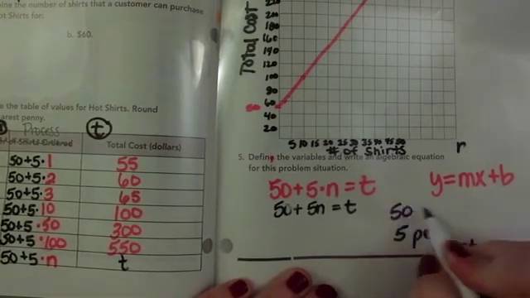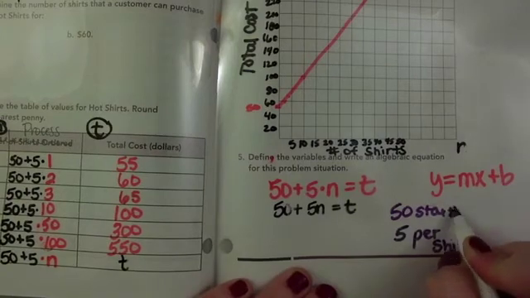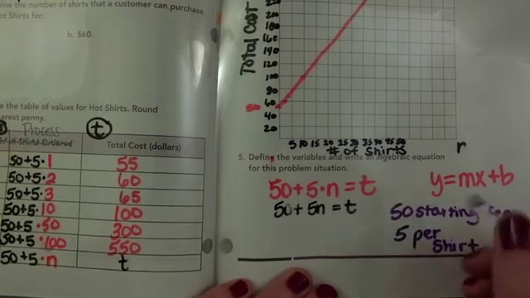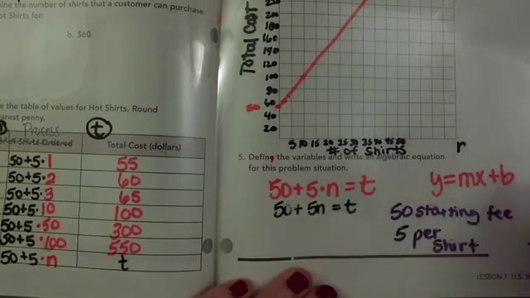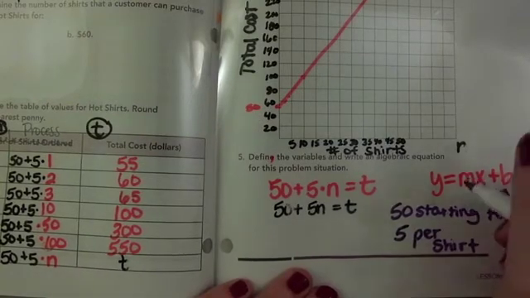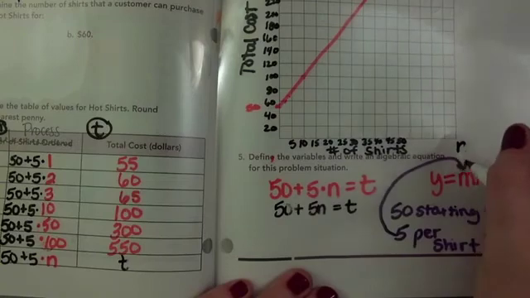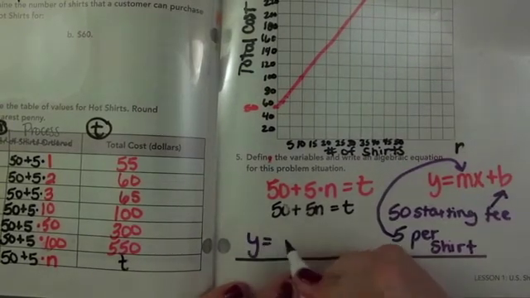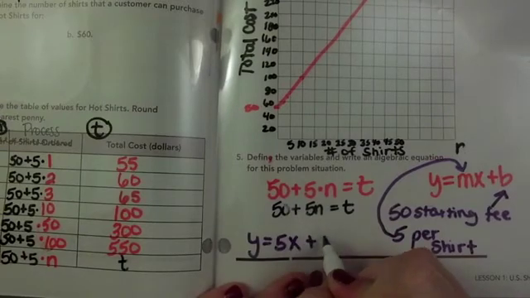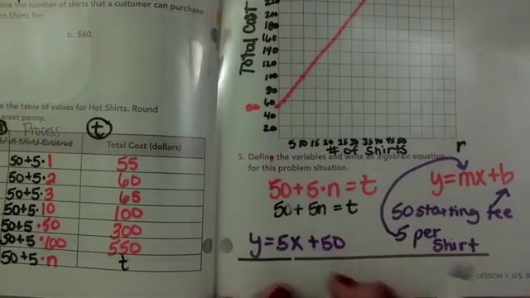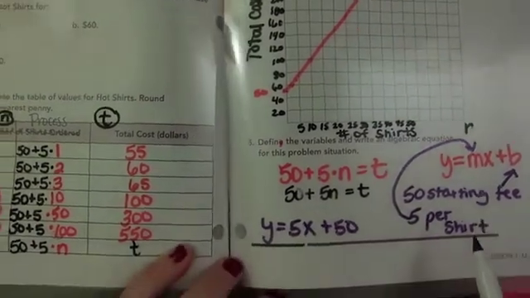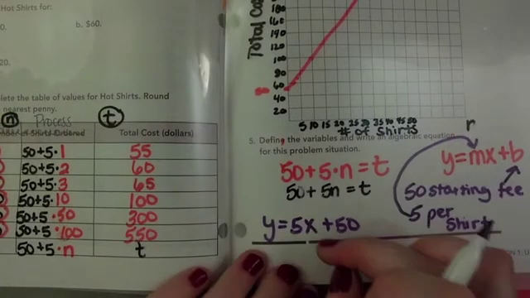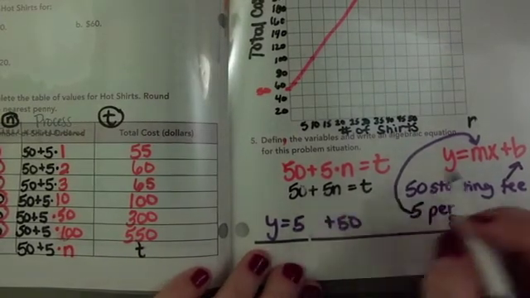The 50 was the starting fee. So notice 50 would be the B, 5 would be the M, so our equation would be y equals 5x plus 50, but remember it actually wanted us to use the variables that they used.